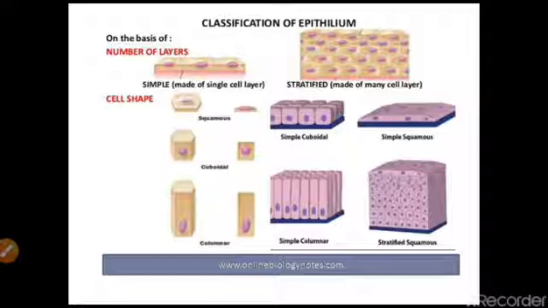Either it is present on the outside or on the inside. On the outside we have the skin, which is epithelial tissue. On the inside, the lining of the esophagus, the lining of the mouth, the lining of the stomach are all made up of epithelial tissue.